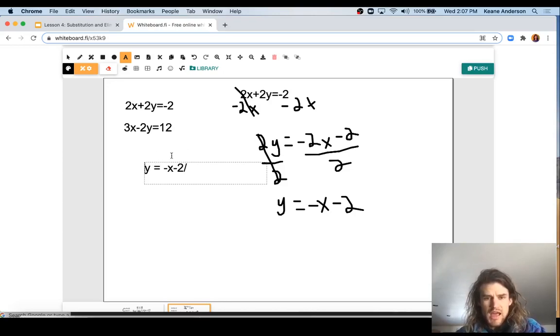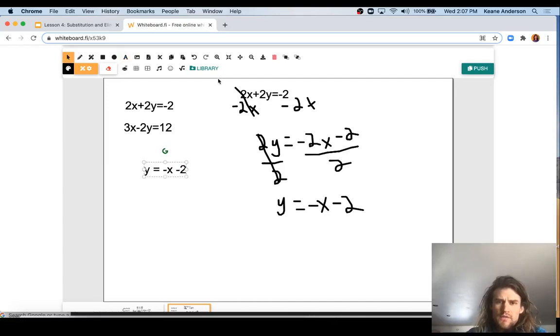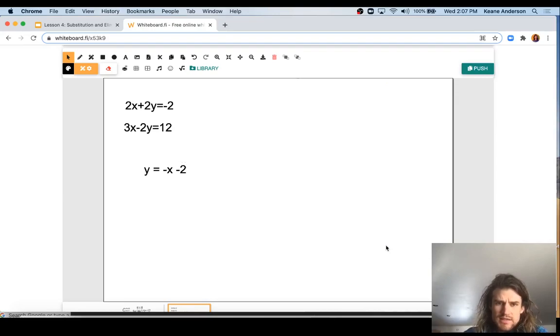So we computed that by moving 2x to the right-hand side, dividing both sides by 2. And here we go. We're off and running. Let's go ahead and delete this, and we'll move this up here. These two things are equivalent. This is the same equation, just written in a different form. It's written with y by itself.